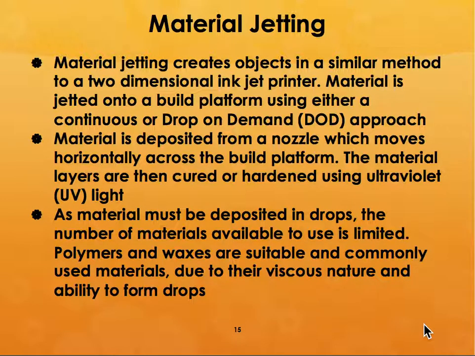This is very similar to a two-dimensional inkjet printer. There are even techniques where people expose paper to some kind of resin system that reacts with the paper and makes it into a hard material.